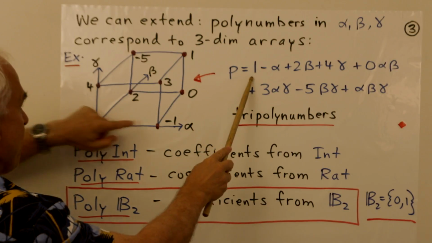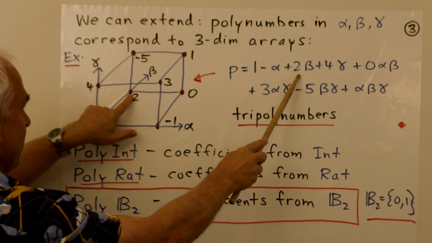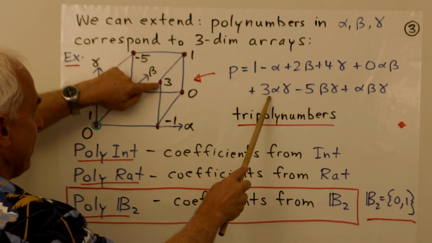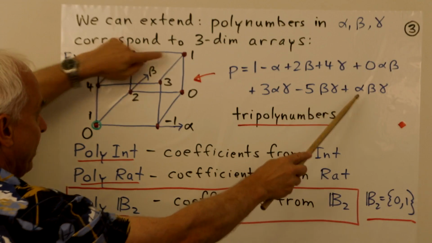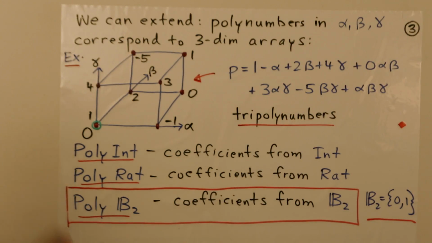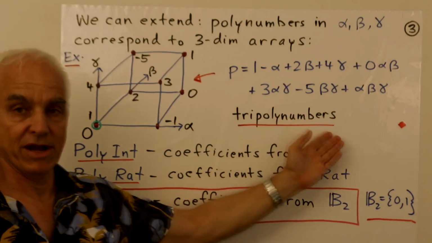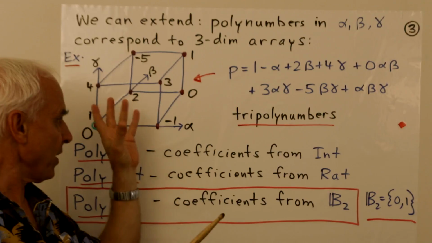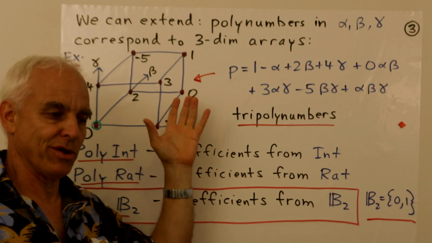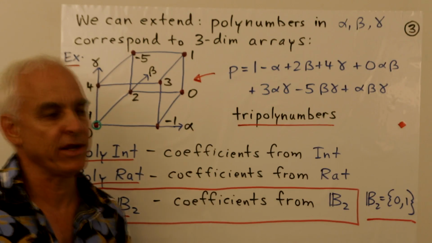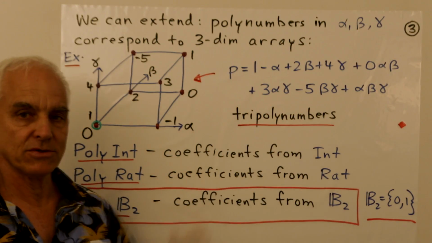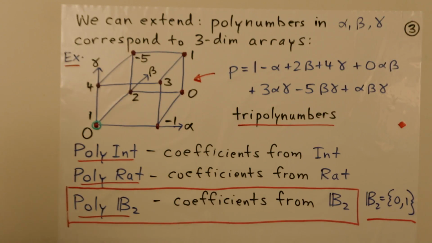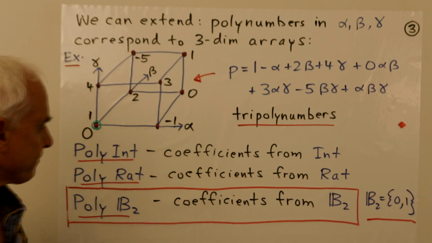A 1 here, a minus 1 here, a 2 here, a 4, a 0 there, 3 is that one, minus 5, and a 1 for that alpha, beta, gamma term. So we could call these tripolynumbers. And if we're willing to consider higher dimensional generalizations of this geometrical pattern, then we can extend this to higher dimensional polynumbers. But for us today, this three-dimensional one will suffice.